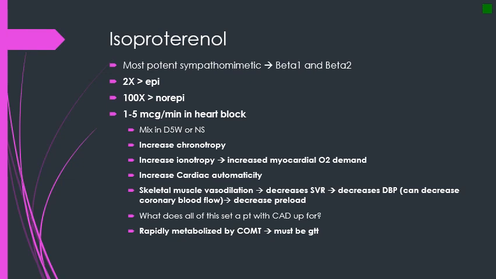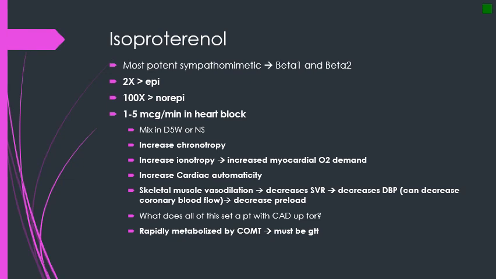It does increase chronotropy and inotropy. It can increase your inotropy significantly and increase that myocardial demand immediately. It's the cardiac pacemaker. It does increase your cardiac automaticity. It is a fantastic synthetic pacemaker.